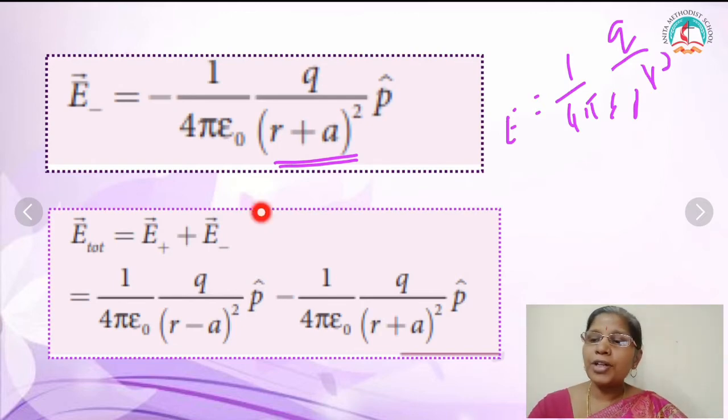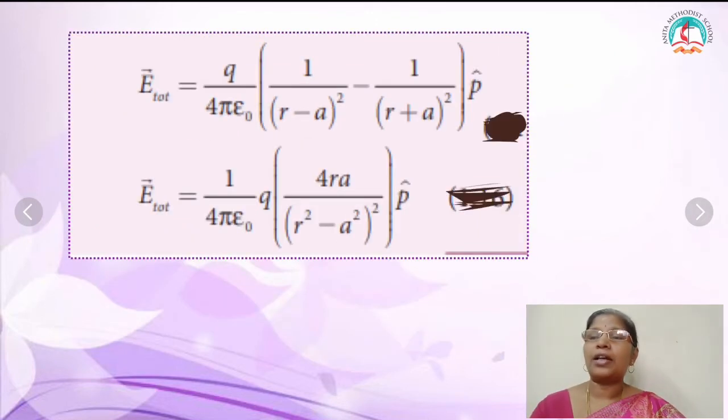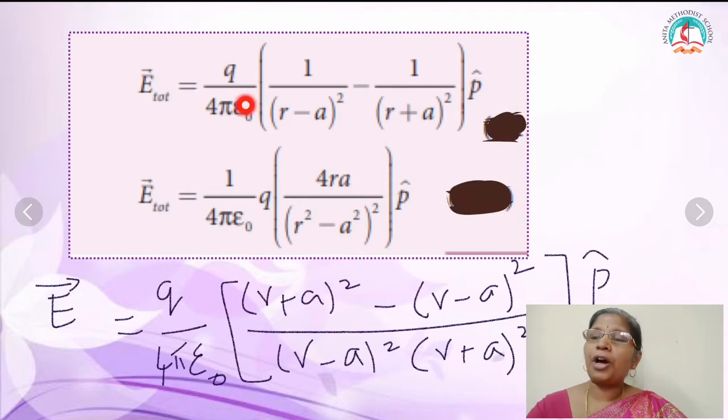Then the total electric field: I will add both the values, the electric field due to the positive charge and the electric field due to the negative charge. Substitute the values. You take the common denominator, the LCM. What is common here? 1 by epsilon 0 is in both terms, so I take 1 by epsilon 0 outside.